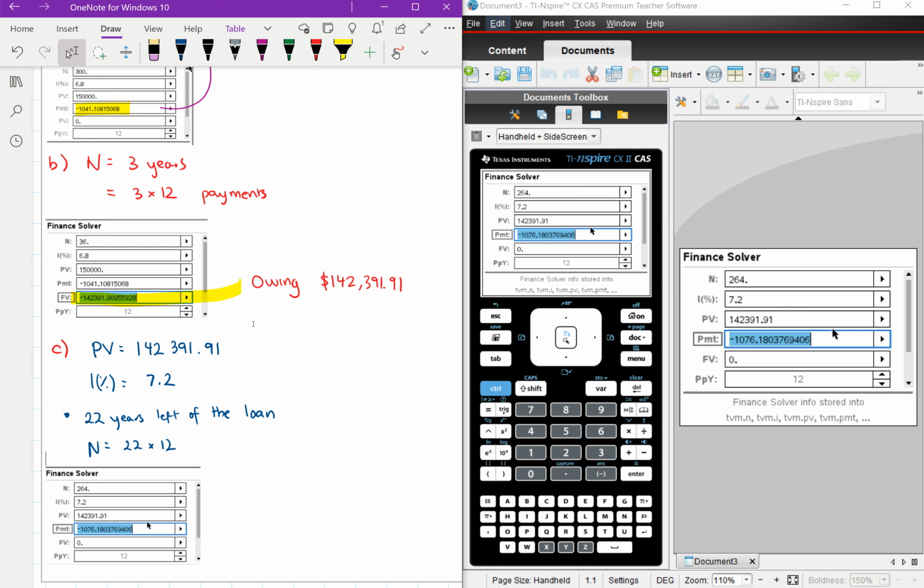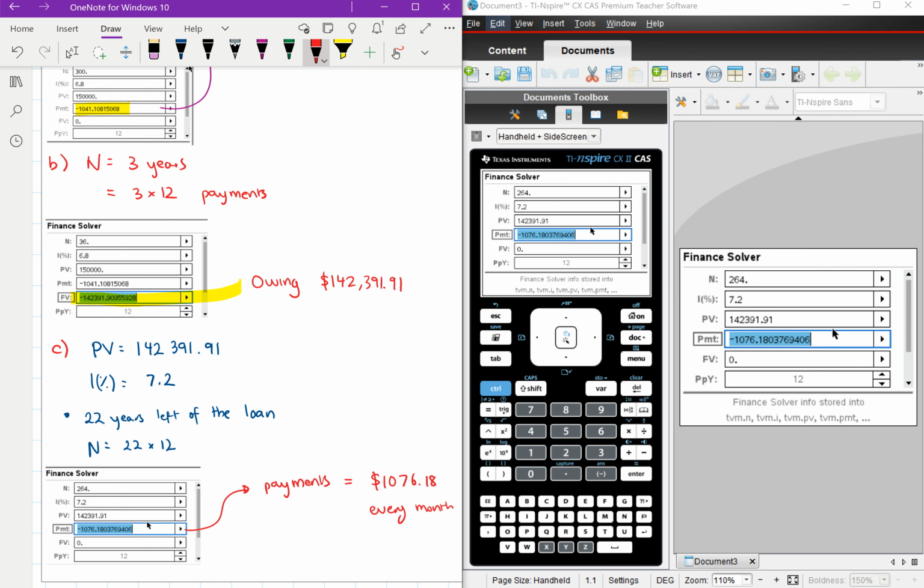So because of that, I can now say payments are $1,076.18 every month from here on. Okay, so after 3 years, the interest rates went up, and I still have 22 years left over. So this is the new payment.